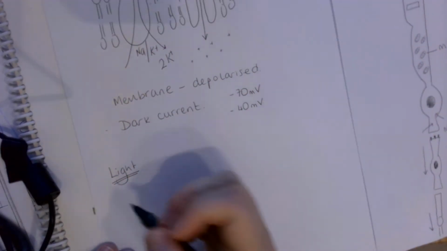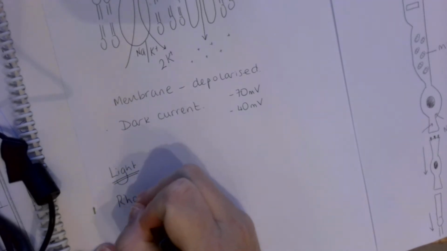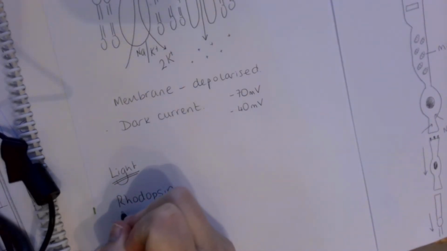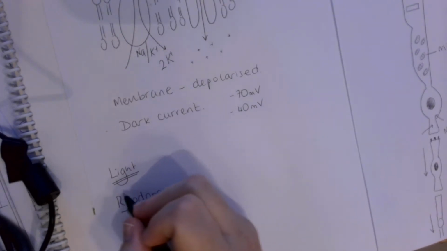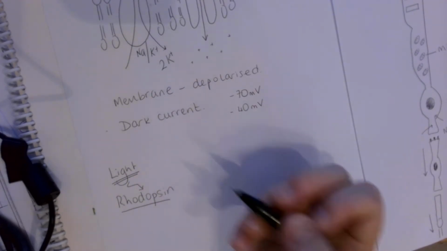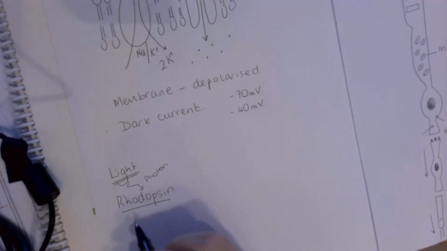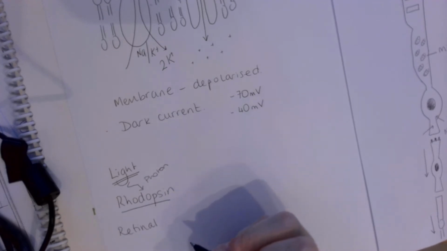So, in the dark, we have rhodopsin, they're joined together. When light strikes the rhodopsin, so we have a photon of light, what it's going to do is take the retinol and basically make it change its shape.